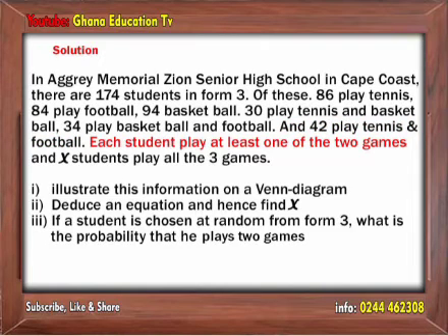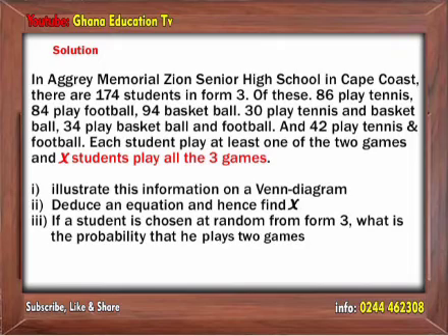Each student plays at least one of the 3 games, and X students play all the 3 games. Now, these are the key sets to identify when deducing your equation in this question. Now, let's start.